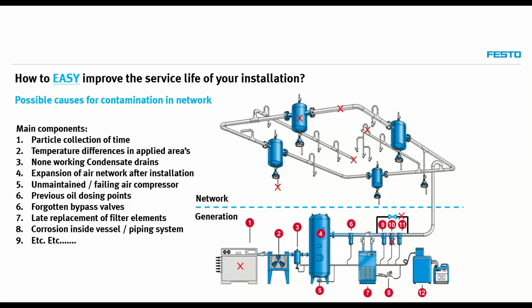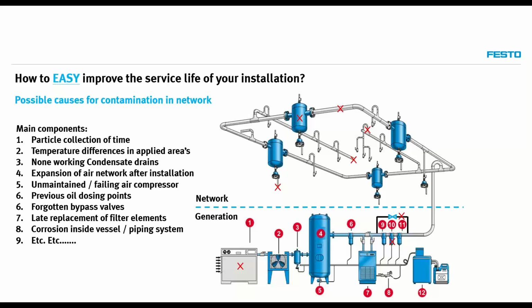Especially with older systems, certain situations happen over time. For example, you can collect a lot of particles, because you filter out an amount of particles, but not all of them, so these might settle inside your system over time.